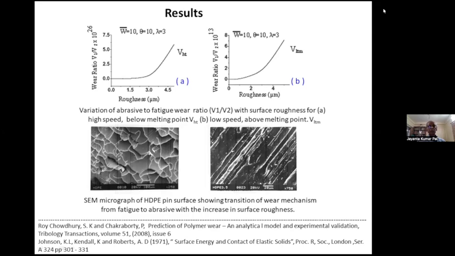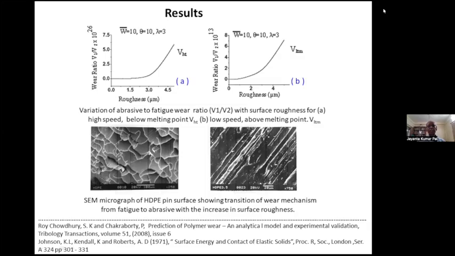And V2 being in the denominator, we would expect the ratio to be very small. And as the roughness increases, V1 takes over and the ratio rises steeply.